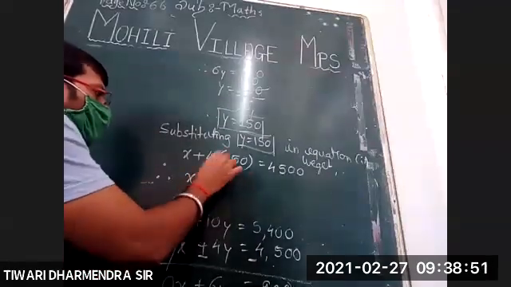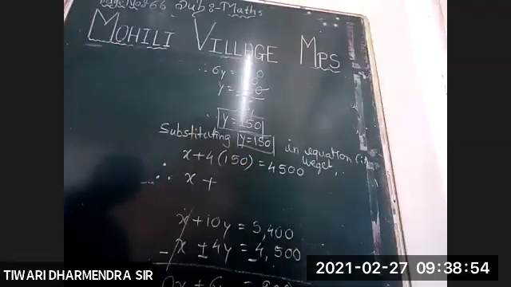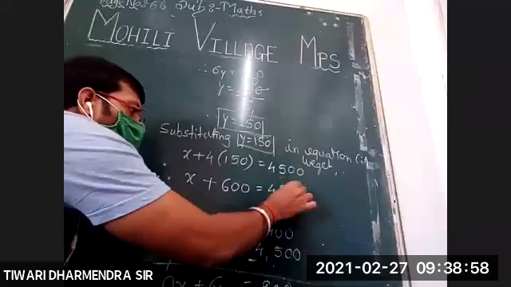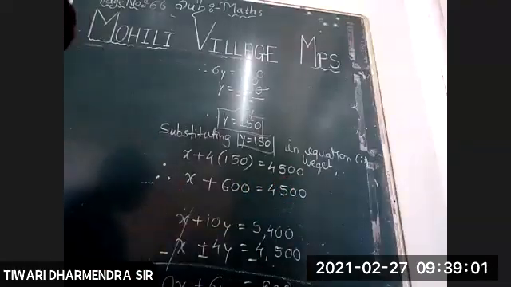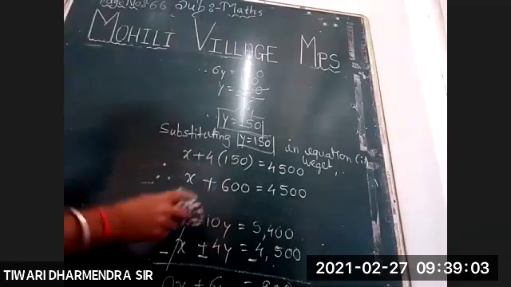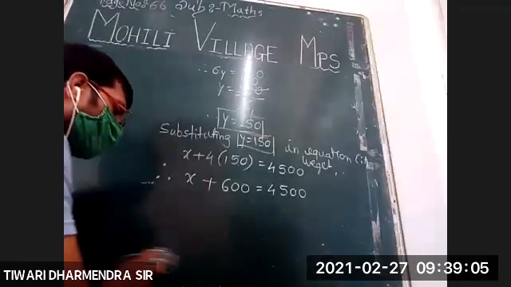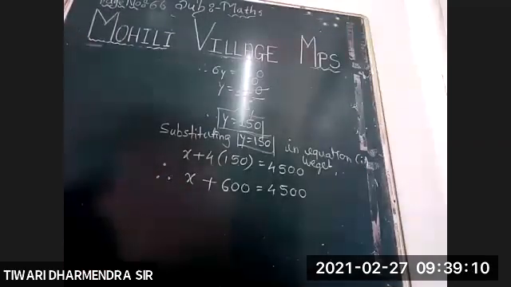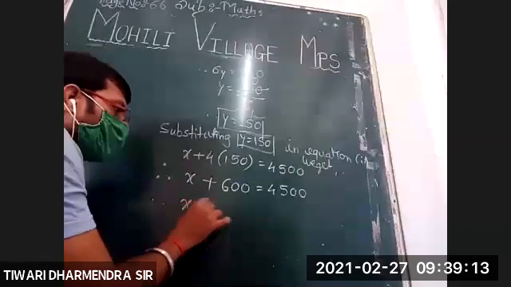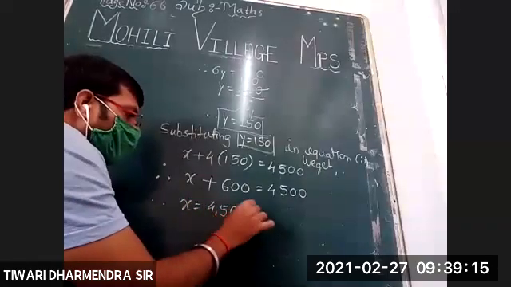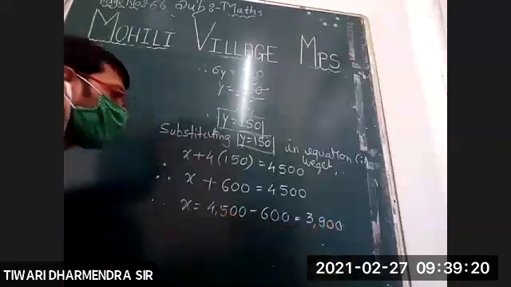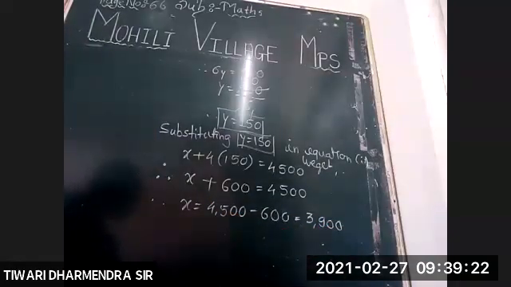X plus 4 into 150. 15 fours are 60, and one more 0, so 600, is equal to 4,500. Therefore, X is equal to 4,500 minus 600, which is 3,900. So the original salary is 3,900 and the yearly increment we got as 150.